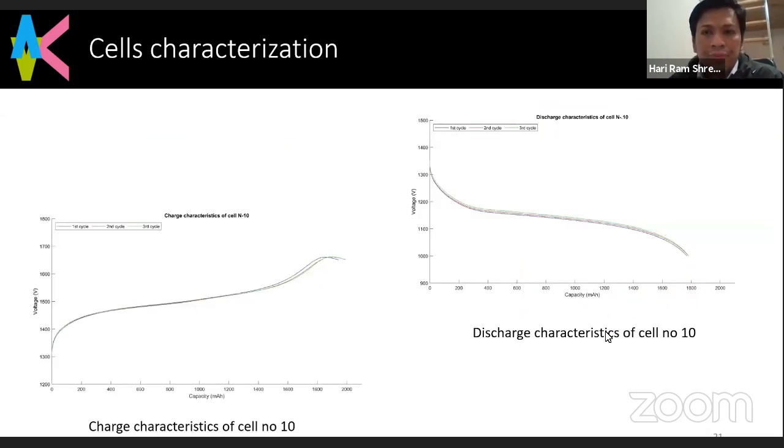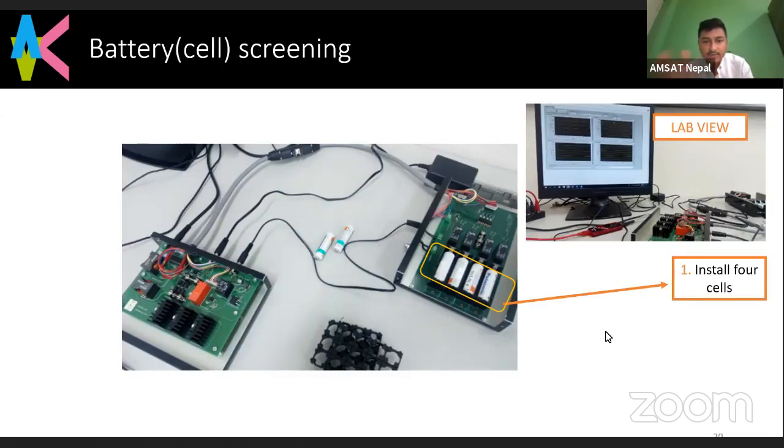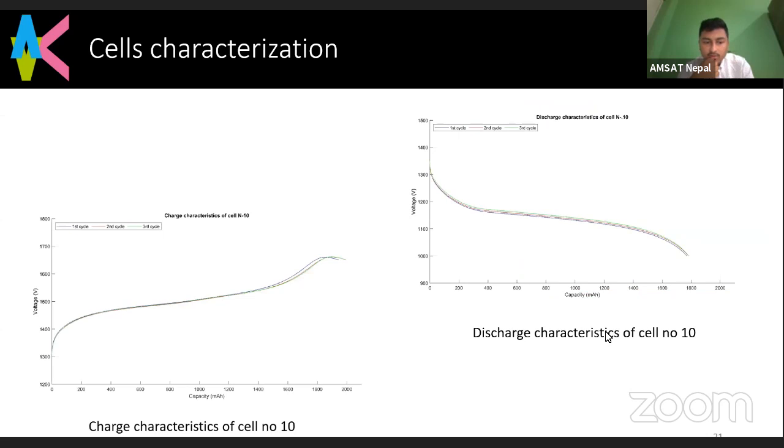So you just put all the batteries there, and it automatically measures the current and voltage, and when the battery is fully charged, it discharges automatically. We get the result from LabVIEW programming.